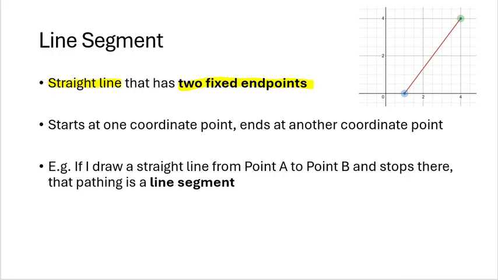If you have a look at my diagram up here, I have two coordinates already laid out. One starting right here, that's 1, 0, and another one up here, which is 4 and 4. I've drawn a straight line through those points, and it doesn't extend, it just stops at those points.